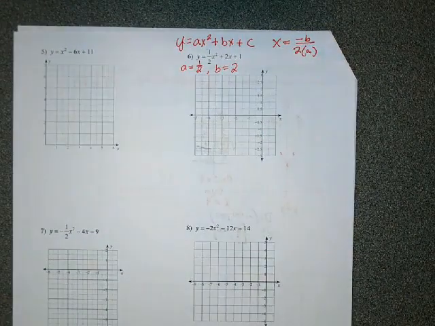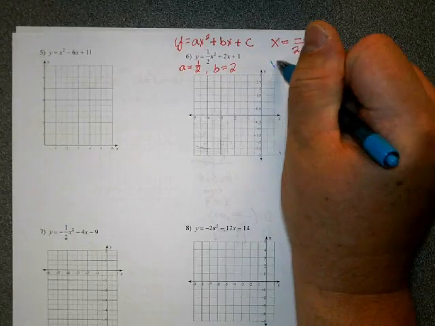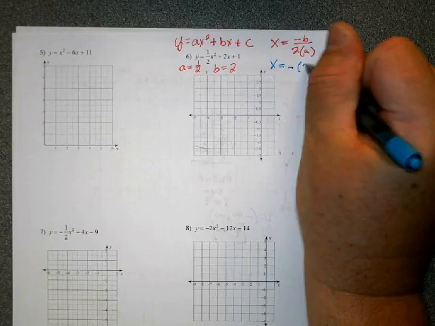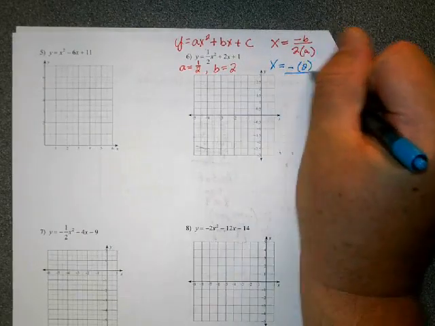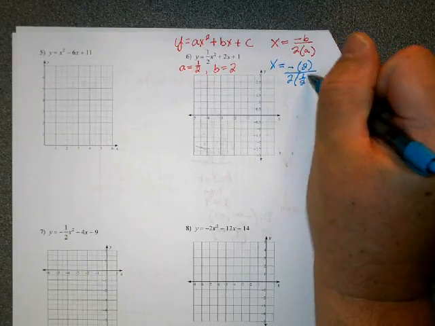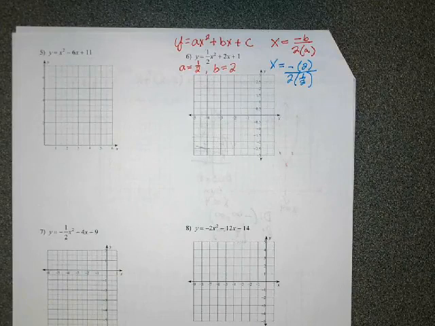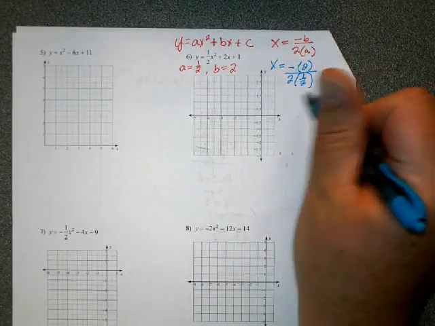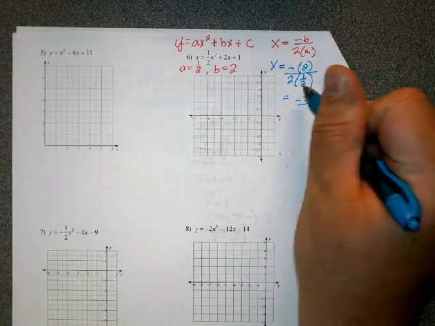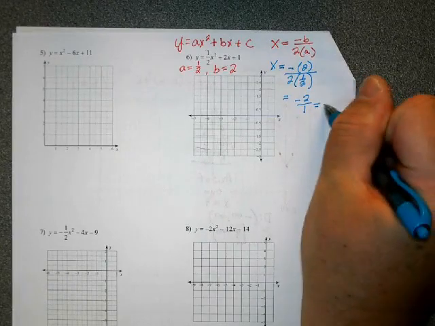X is going to equal negative, and my b is 2, over 2 times a, which is 1/2. You could either do this in your calculator or do it in your head. Negative 2 over, now half of 2 is 1. So my x coordinate is negative 2.